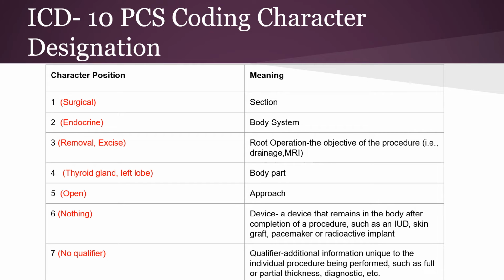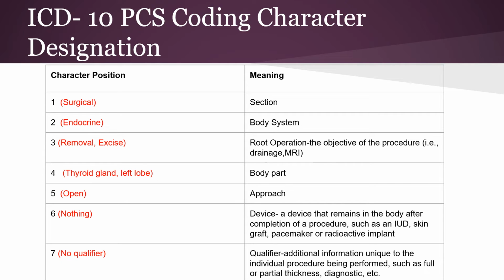A device, as it relates to PCS, has to do with a device that remains in the body after completion of a procedure, such as an IUD, a skin graft, pacemaker, or radioactive implant. Because we are performing a thyroidectomy, we're actually removing something from the body or the cavity. So we're not implanting or leaving anything within.